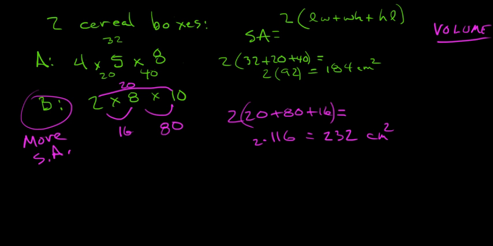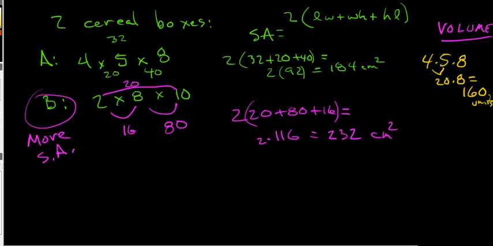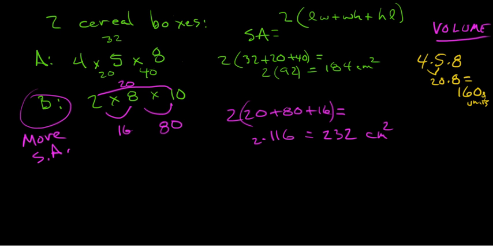And I'm going to change colors again. And the volume is 4 times 5 times 8. 4 times 5 is 20 times 8 equals 160 units. Oops. Cubed. Okay, units cubed. Sorry about that. Ran out of room over there.